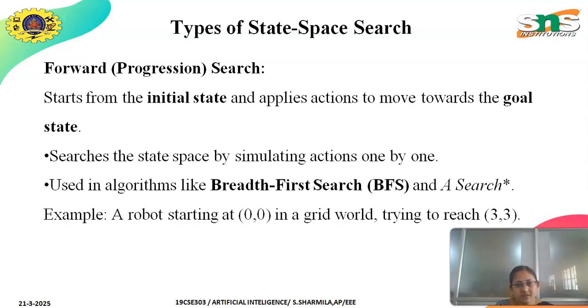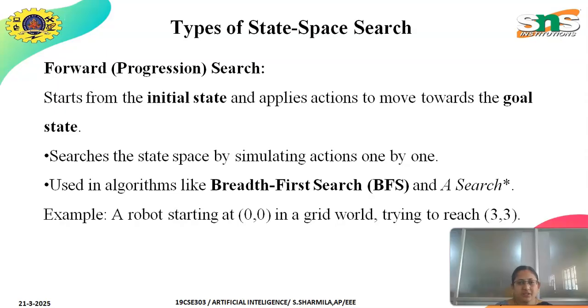Progression always starts from the initial state, that is the zero state, applies every action and moves towards the goal state. For example, it searches the state space by simulating actions one by one. Forward search, or progression, is used in algorithms like BFS, breadth first search, and the A-star search algorithm.